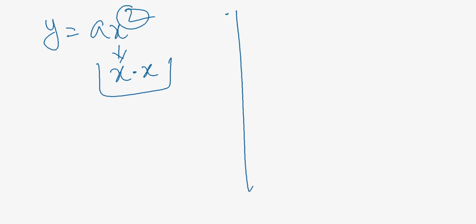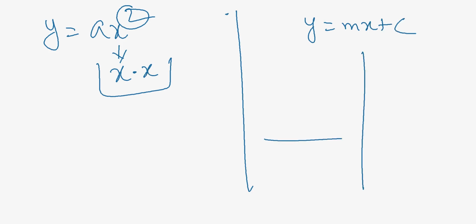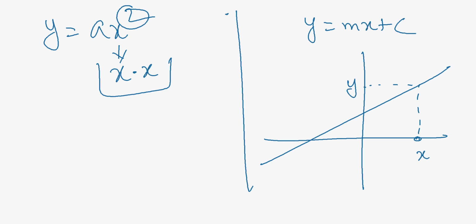In a straight line, for example y equal to mx plus c, you take any value of x, go and meet the straight line, there will be only one value for the y. You take any y value, call that y2, go and meet the straight line, then it will have only one x value.